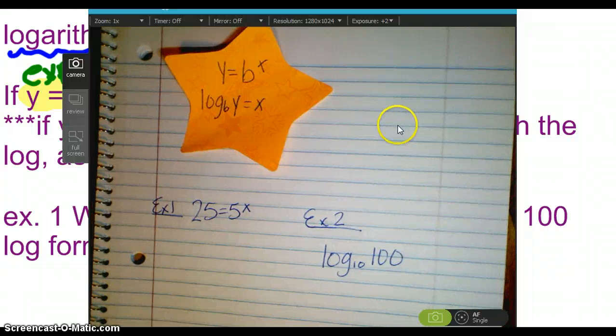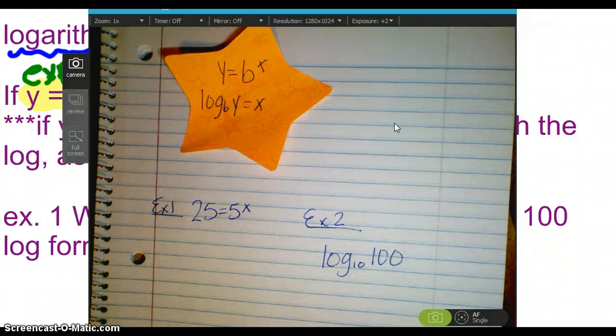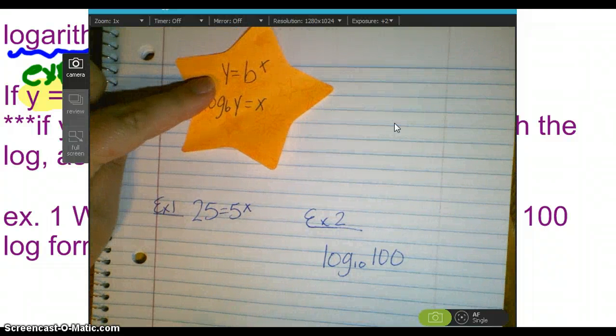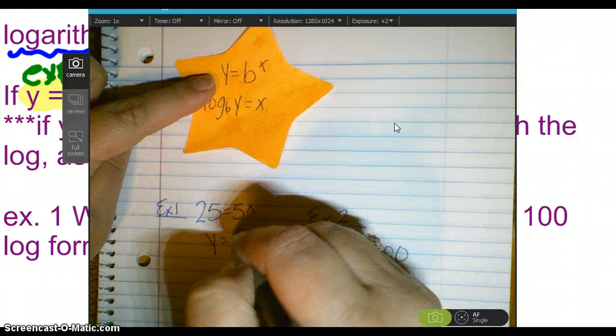So first of all, we start out with this form right here, and they want us to be able to go through and solve our exponential version and be able to make it into log. So if I look at this, this is the exponential version. I'm going to write it right underneath.